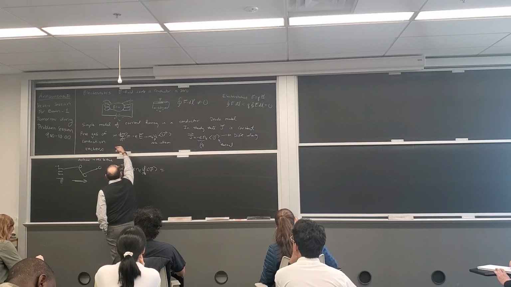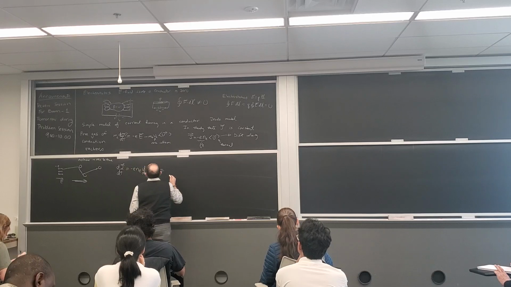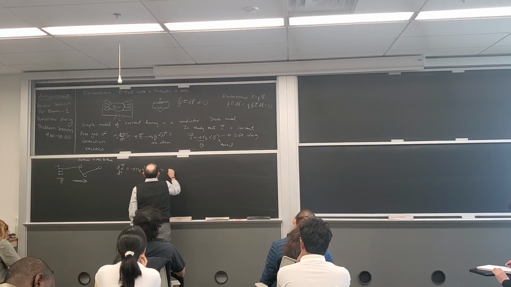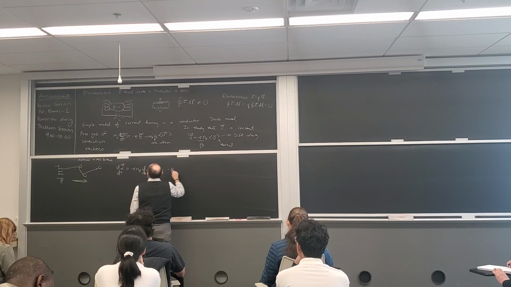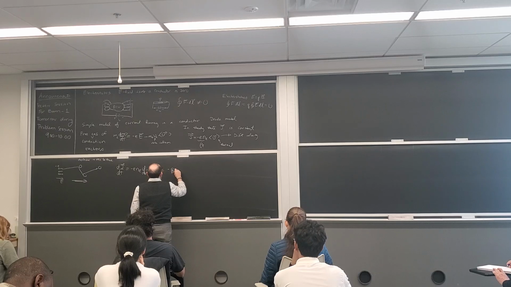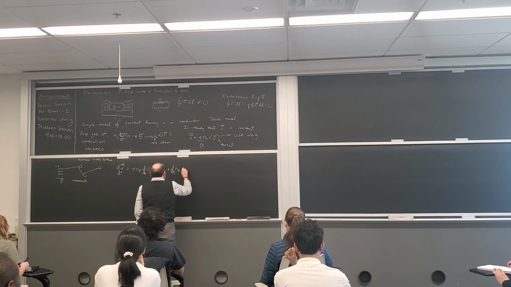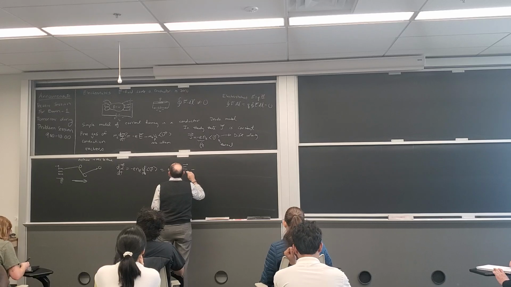If I divide by the mass of the electron, then what I get is minus e over m, or plus, I have to multiply it by minus e, so e squared times the density of electrons over m times the electric field, and then minus the drag term.